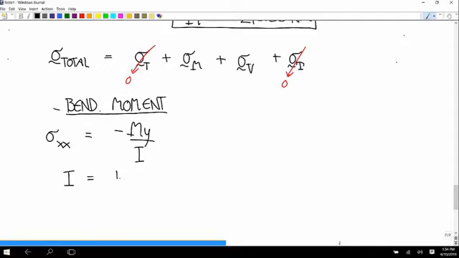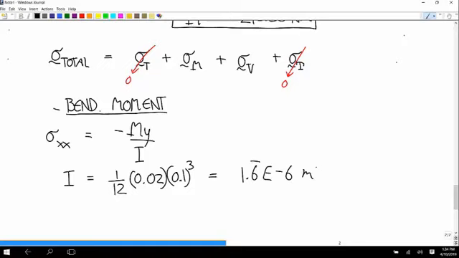The rule for rectangles is I is equal to 1/12 times the base times the height to the third, and that is 1.6 repeating times 10 to the minus 6.